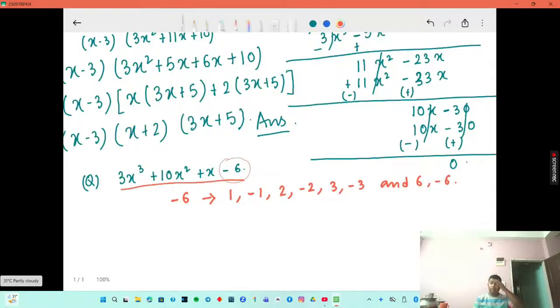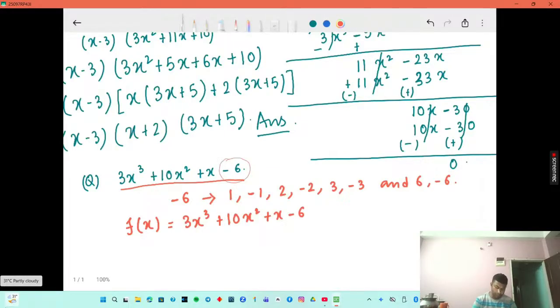So now by putting these values, we can see that when we put the value minus 1, let f(x) be equal to 3x cube plus 10x square plus x minus 6.